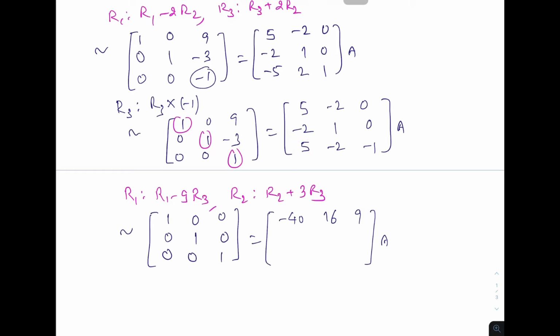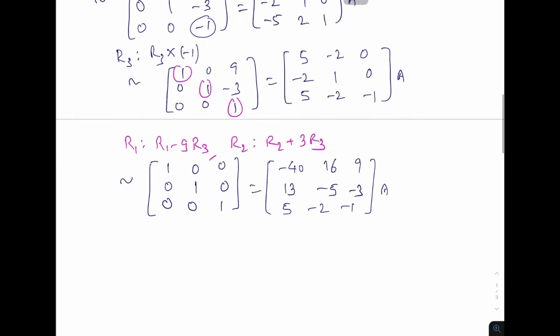So now this is 15 minus 2, so that will be 13. Then multiply with 3 here, so minus 6 plus 1, minus 5. Multiply with 3 here, so minus 3 plus 0, it will be minus 3. Third row no change, 5 minus 2 minus 1.